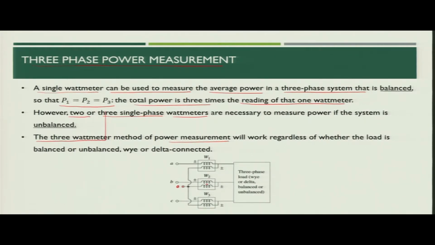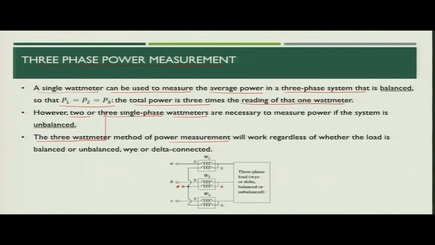Similarly, for W2 and W3 meters, we will connect them to individual phases, that is B and C, and the potential coil, that is the voltage coil, will be connected between the phases and the reference node. So, we are considering the reference node as O in this particular arrangement.